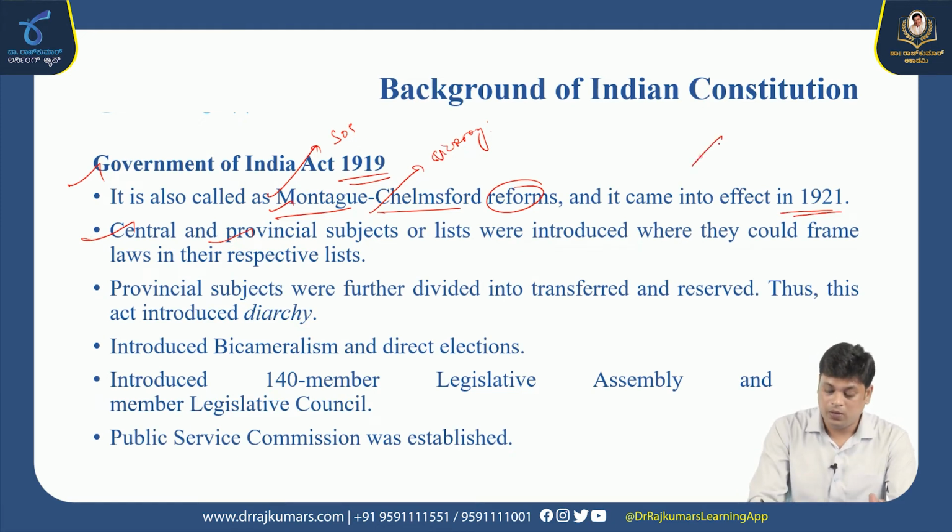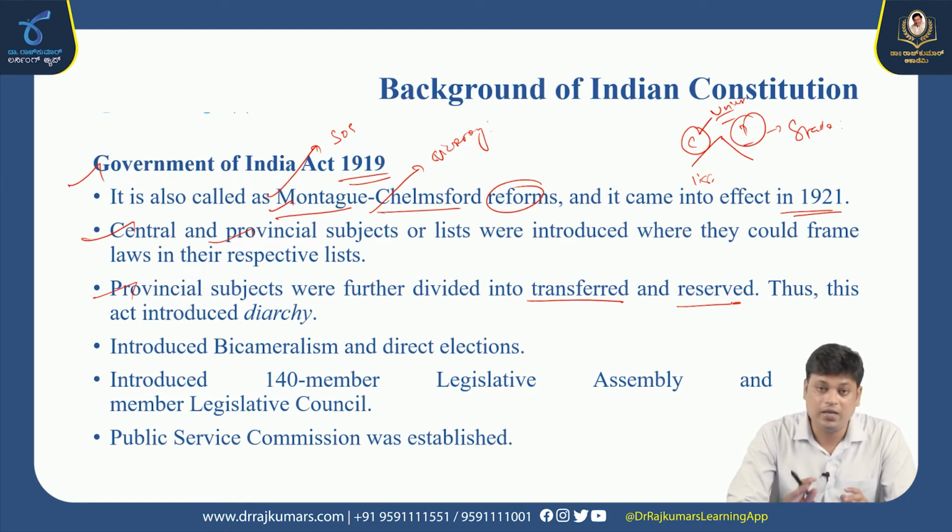Okay, two types of lists, center and provincial subjects. Central means union, provincial means state. Okay, so the provincial subjects were further divided into transferred and reserved subjects. Okay, transferred and reserved in provincial, not in the center.